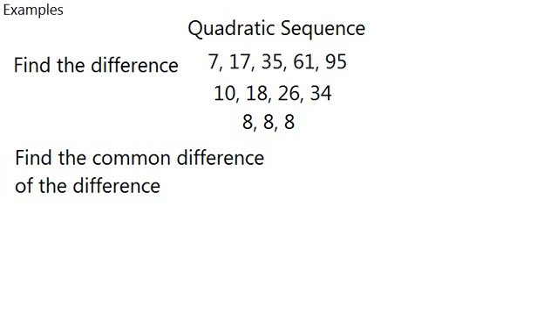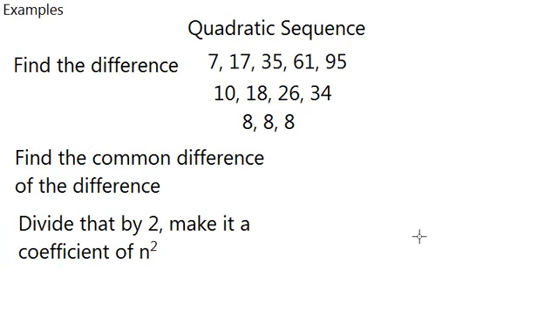So now the next step is to divide that by 2 and make it the coefficient of n squared. Same deal as we have done before. The nth term is equal to 4n squared plus bn plus c, because 8 divided by 2 is 4.